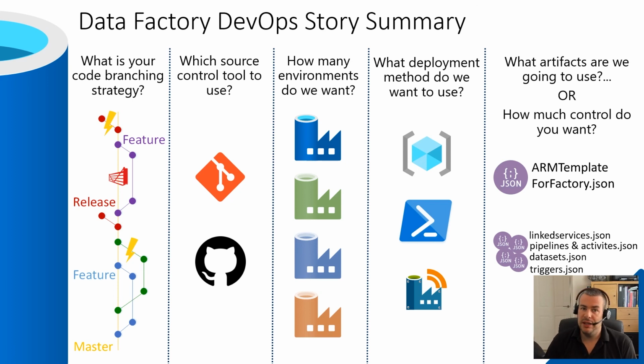The deployment method, either with those artifacts that I showed you against your master branch or maybe the ARM template, you need to decide. And then given those artifacts, what method you're going to use. You could use PowerShell for the ARM template as well if you wish. So some things to think about and hopefully summarized nicely in this slide.